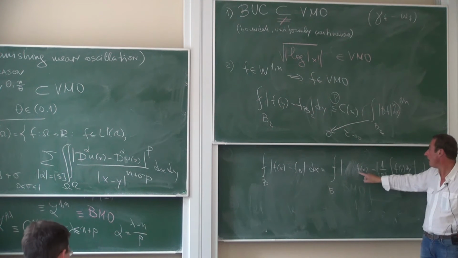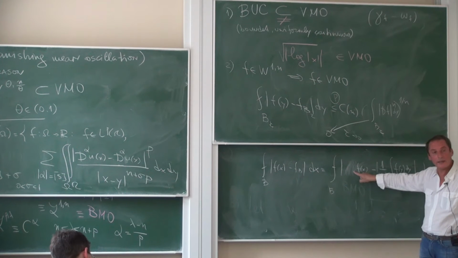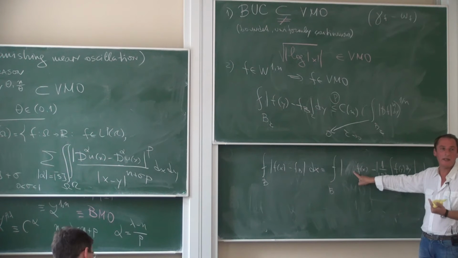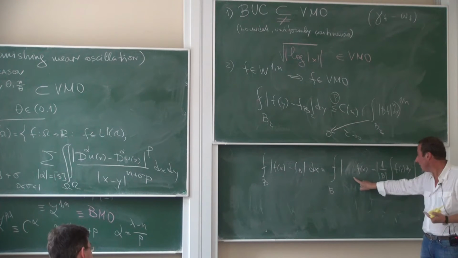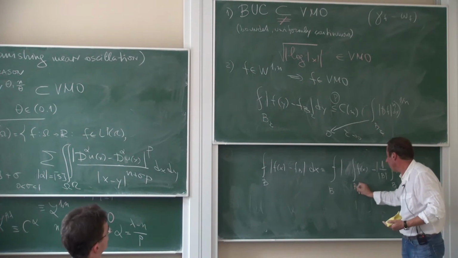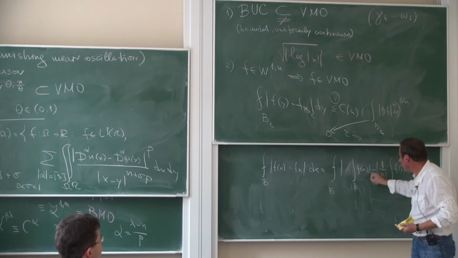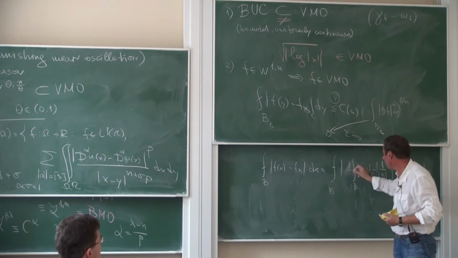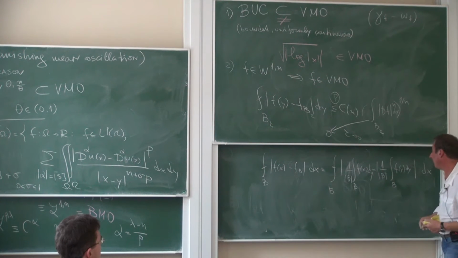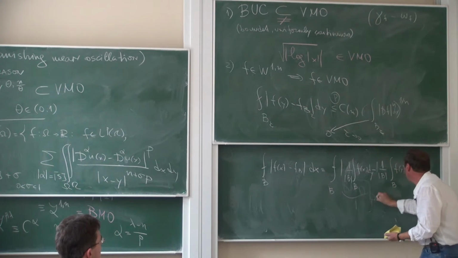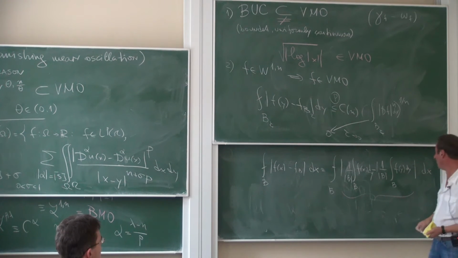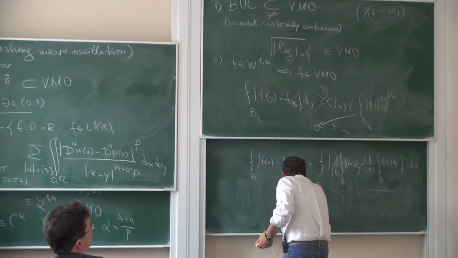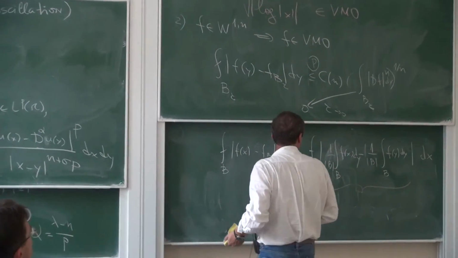Now I consider here multiplication by 1, and 1 is exactly the mean integral of the constant 1. So this guy here could be written this way: integral over b, integration with respect to y, and here I have x, and there is the mean integral. Okay, now concentrate on this term here, which is exactly f of x minus f of y.